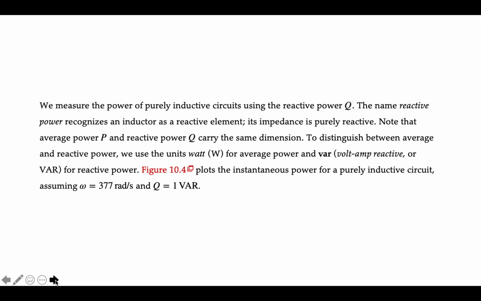We measure the power of purely inductive circuits using the reactive power Q. It just says an inductor is a reactance, a reactive element. Once again, average power has units of watts, and reactive power has units of VARs, or volt-amps reactive.